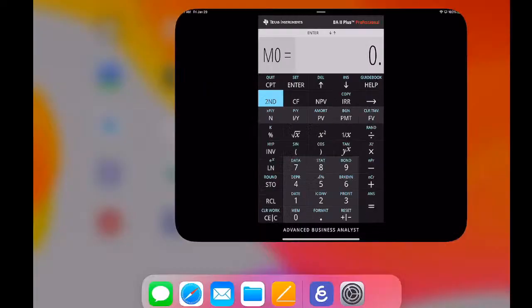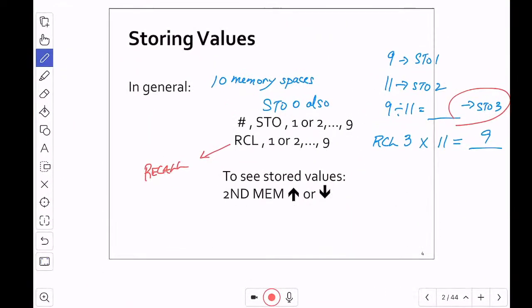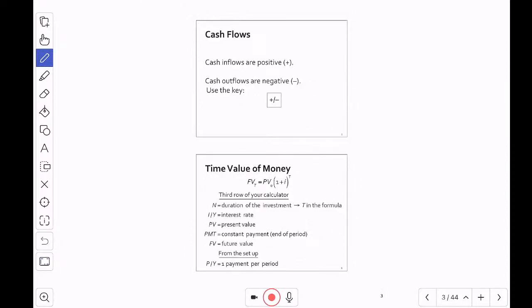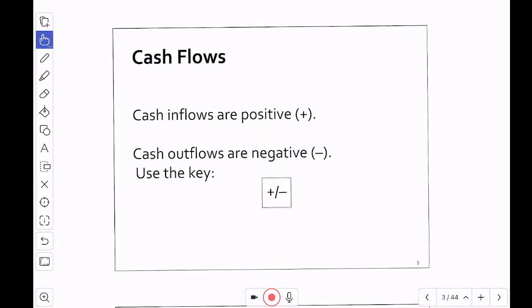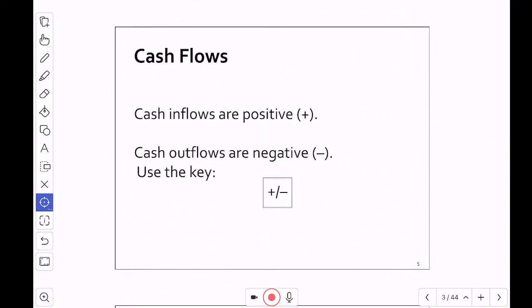Okay. So what's next? Oops. So remembering our discussion from last class that cash inflows are positive and outflows are negative, and the calculator will keep track of that.